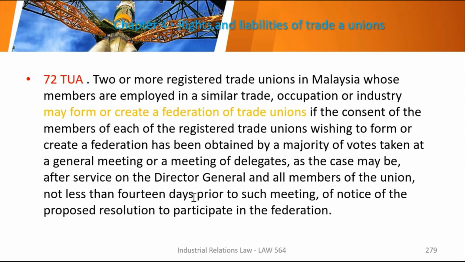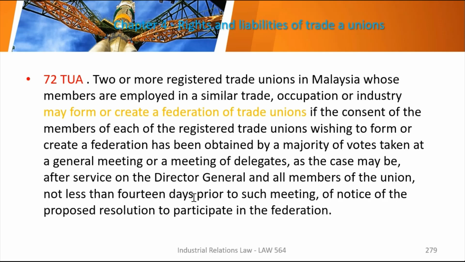Then we have Section 72: two or more registered trade unions in Malaysia whose members are employed in a similar trade, occupation, and industry can form or create a federation of trade unions. Okay, so you have trade union A, trade union B, trade union C. Since they are in one industry, they can have a federation of trade unions.